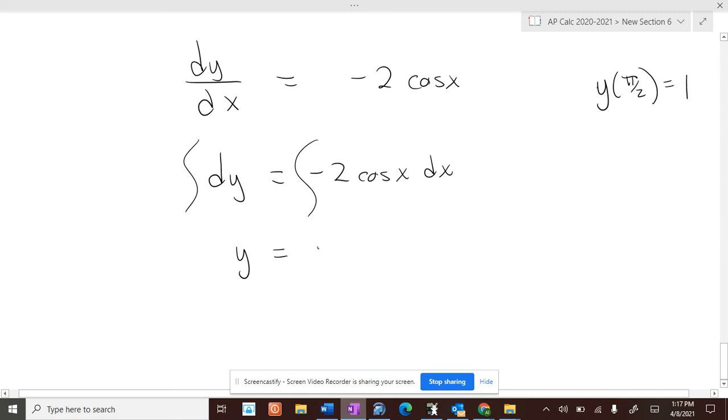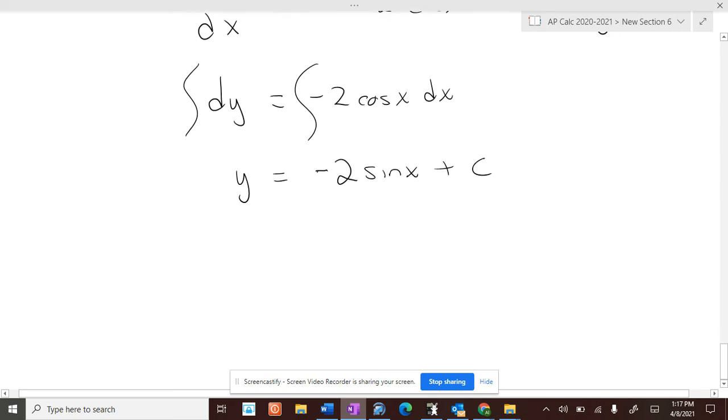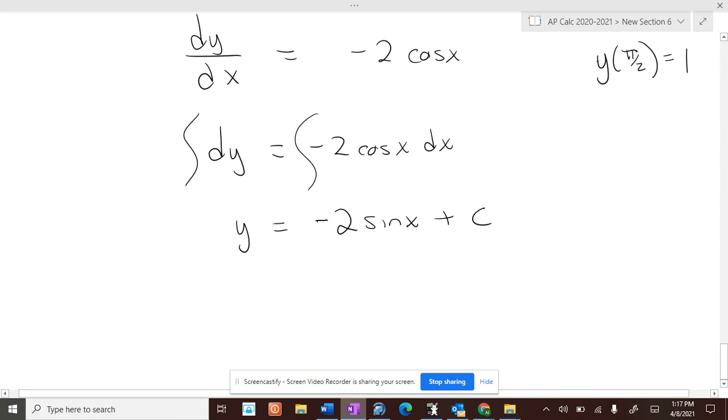What's the integration of negative cosine? Negative 2 sine of x. Nice. Plus c. And then for the y we put 1, and for the x we put pi over 2. Then we whip out the old Texas Instruments.